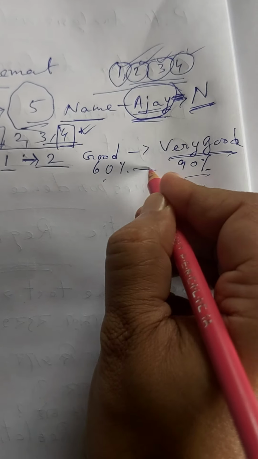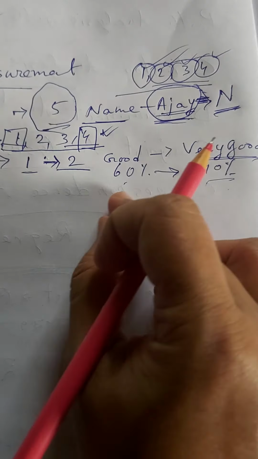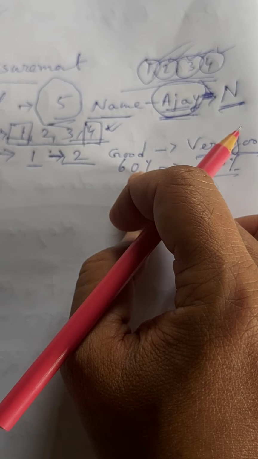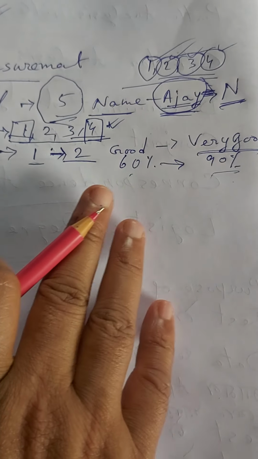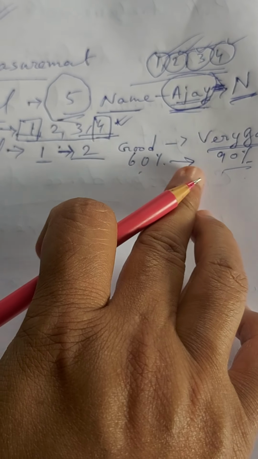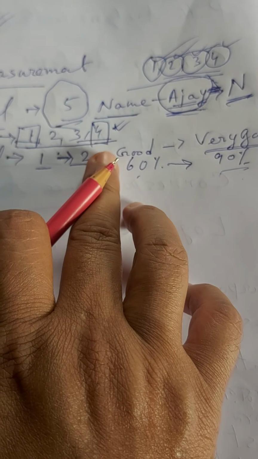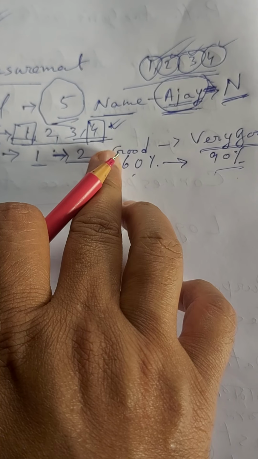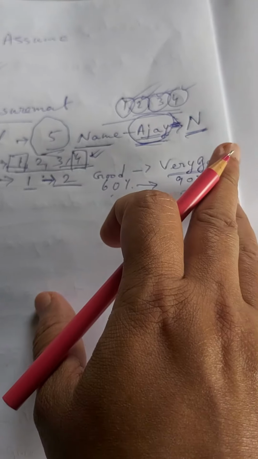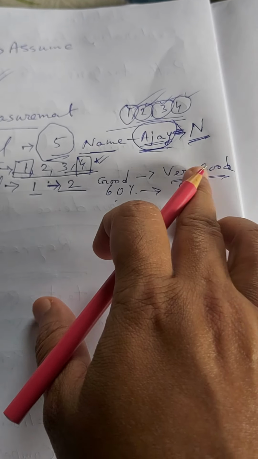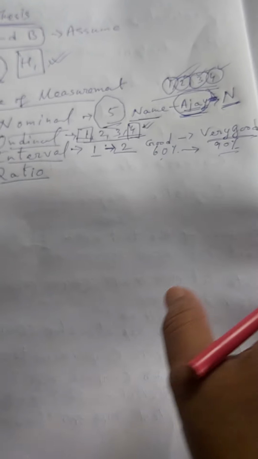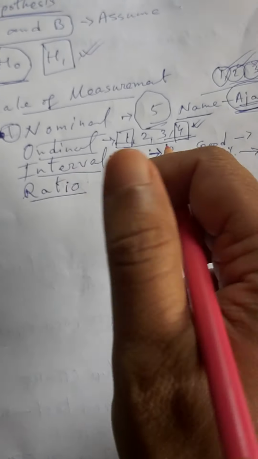So there is a gap between 60 and 90; they are not the same. There is a gap between both results. That is called interval. Those who got 60 to 89% marks get a good grade, and those who got 90 and above get a very good grade. That is the gap. That is called interval scale.